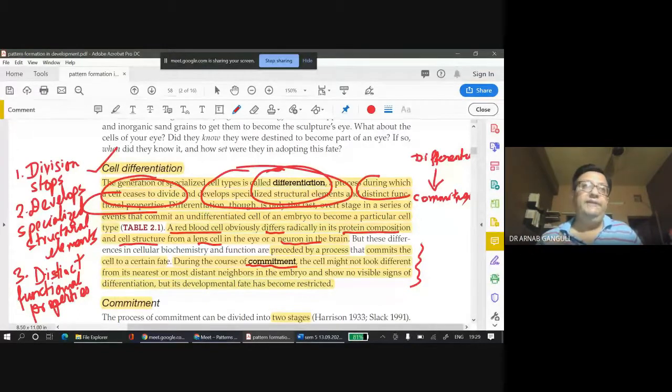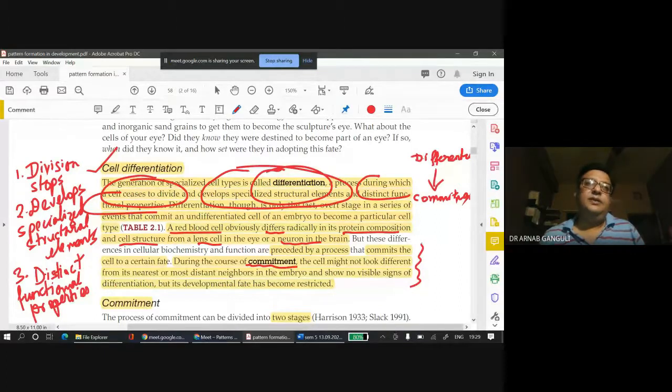So before it differentiates and looks different, it may look the same, but already inside several processes have started, and that is known as commitment. It's almost like, for example, you have a boyfriend or a girlfriend. So you are committed. That means you are not yet married. Differentiation is the marriage.